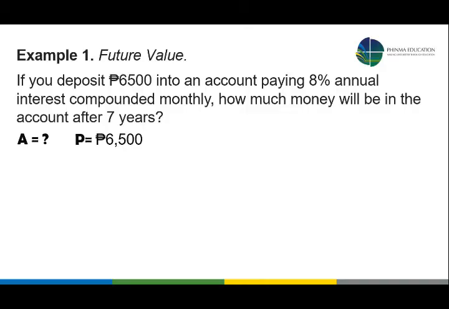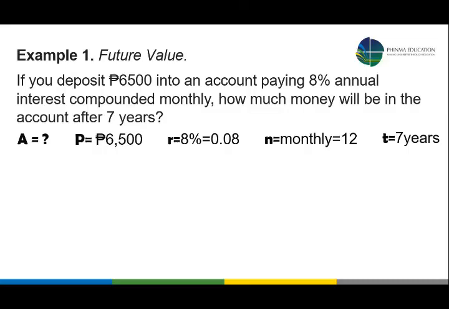The principal is the money in the account at the beginning, with a rate of 8%, which is equivalent to 0.08. Again, that is omitting the percent symbol and dividing by 100 to put it in decimal form. And compounded monthly, meaning 12 times a year. A time frame of 7 years.